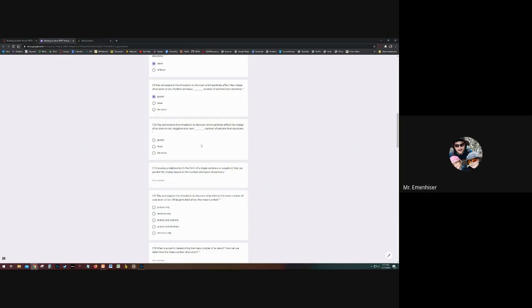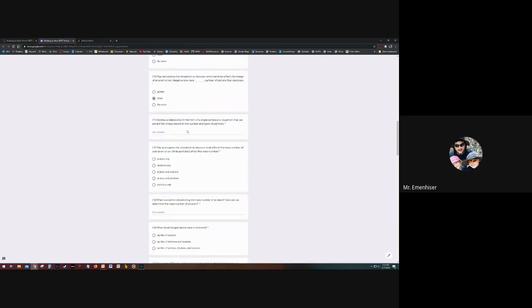Negative ions have a greater number of electrons than protons. So if it's a negative ion, that means it must have more electrons and fewer protons, because electrons are negative. Develop a relationship in the form of a single sentence or equation that can predict the charge based on the number and types of particles.